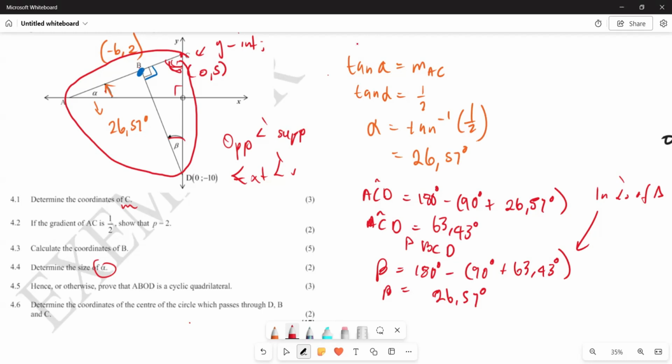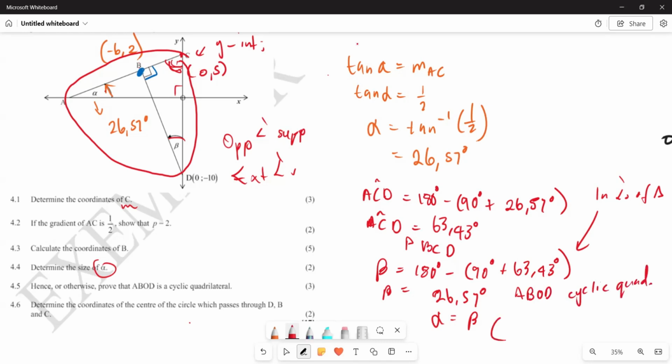So from here, can you see that your angle alpha is equal to your angle beta? Okay. So which means now, if your angle alpha is equal to your angle beta, you can conclude that your ABOD is a cyclic quad. Why are you saying this is a cyclic quad?